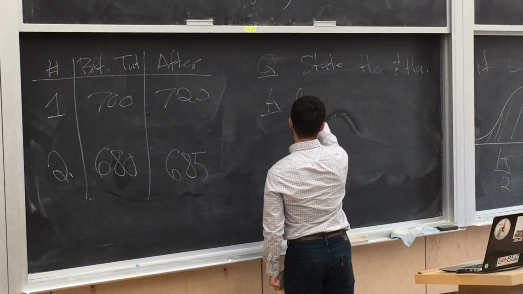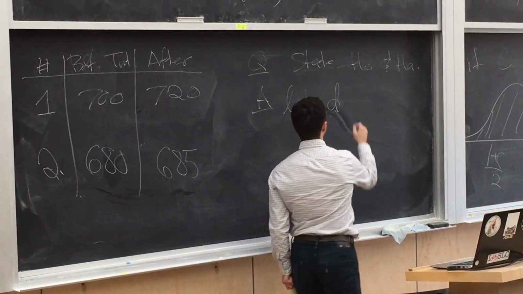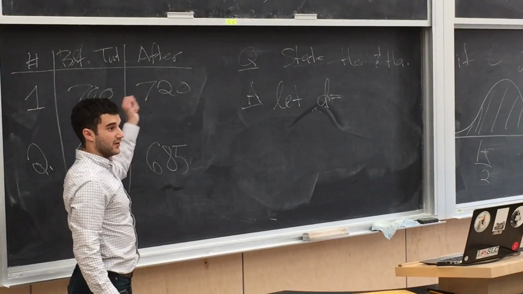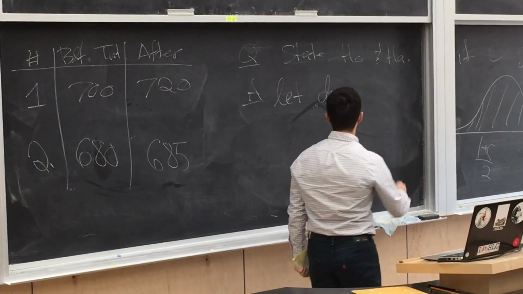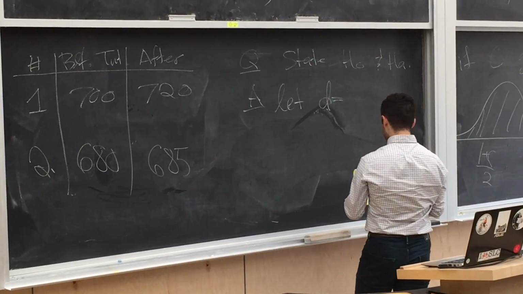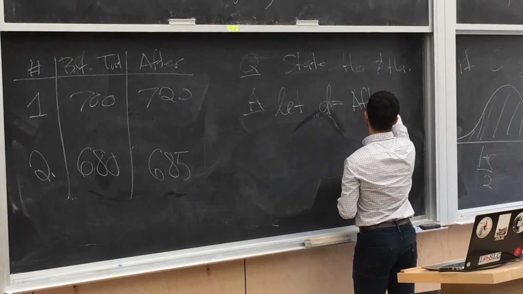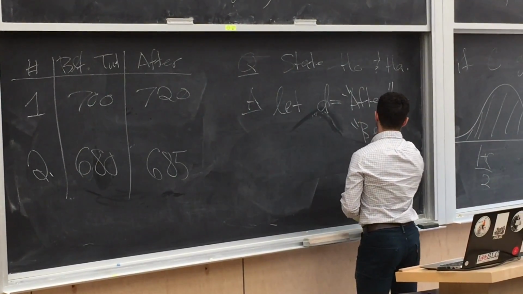So for the answer, you start out with saying, let D equal one of these columns minus the other one. Doesn't matter which way you do it. I'm just going to choose after coaching minus before.